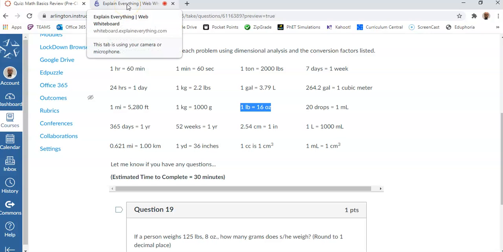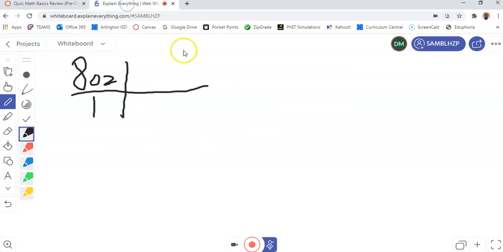We're trying to change this to pounds, so we want pounds to stay around and ounces to cancel. Anytime you want something to cancel, you want to have it on the top and the bottom. So in this case, we're going to put ounces on the bottom. So 16 ounces is 1 pound. Cancel those ounces, and then you multiply straight across.